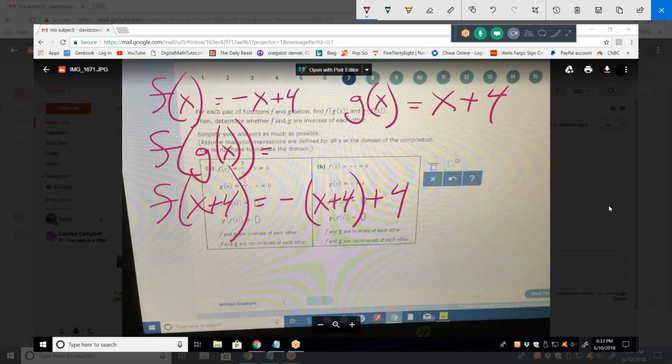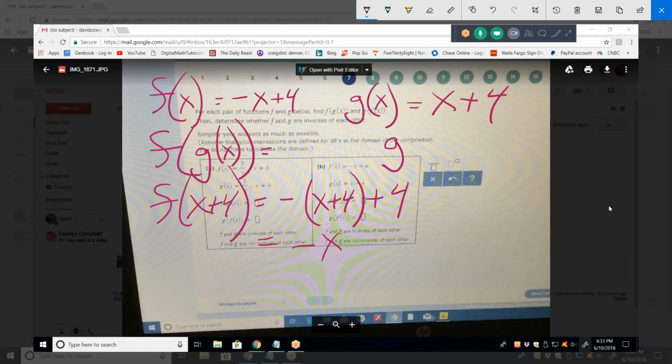See why you always need to use those parentheses? Because you're going to get it wrong otherwise. In other words, without the parentheses, that becomes minus x plus 8. But with the parentheses, it becomes minus x. And that would be it. No, they're not inverses. Remember, it's got to be equal to x, not minus x. Gotcha. So that is definitely f of g.